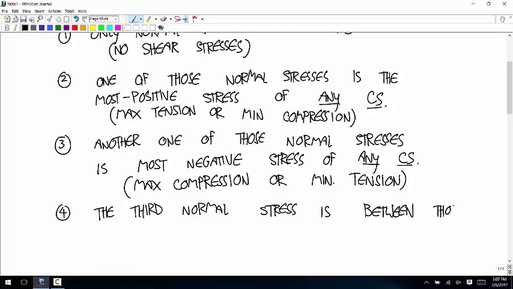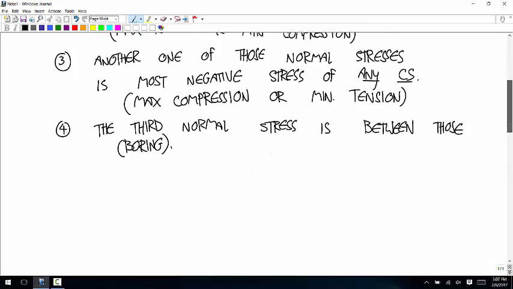Okay, the third one is between those. All right, that's boring. The other ones so far, though, have been like real barn burners. So we're just taking a breather before we go to the next big stuff.